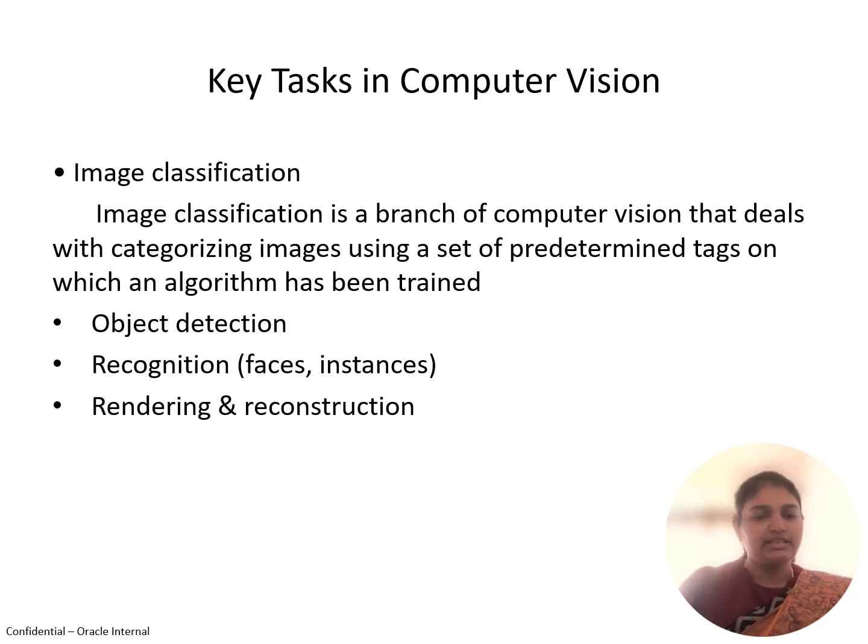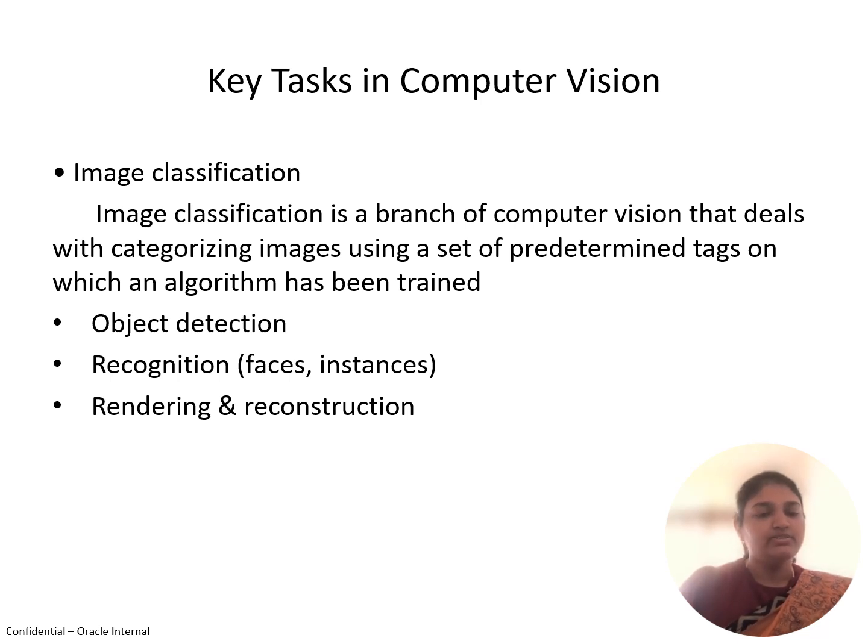That is image classification. The next one is object detection. Based on the classification, the objects that are detected in the captured frame are recognized by using object detection.